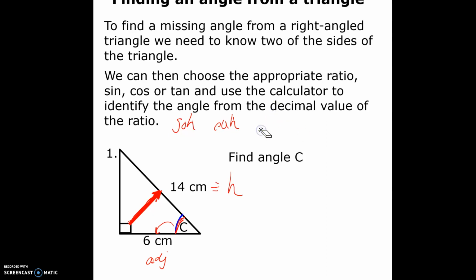That's SOHCAHTOA. We have adjacent and hypotenuse, so the one that uses adjacent and hypotenuse is cosine. So we would go cosine -1 of adjacent over hypotenuse, so 6 over 14. You should get 65 degrees if I round to the nearest whole.